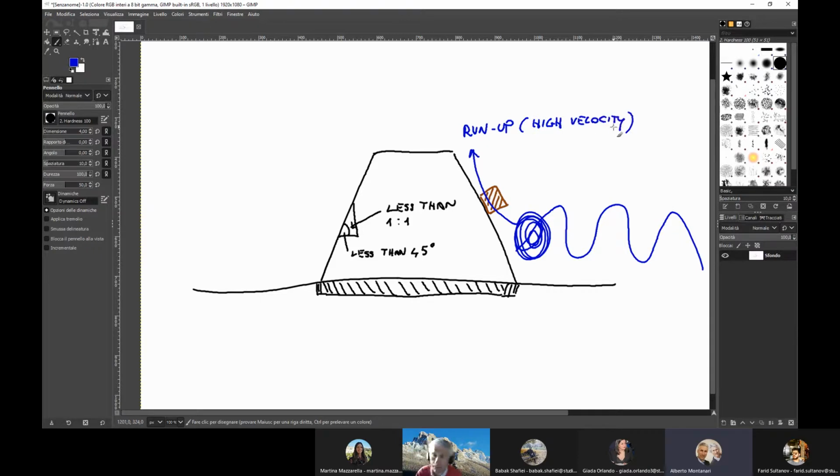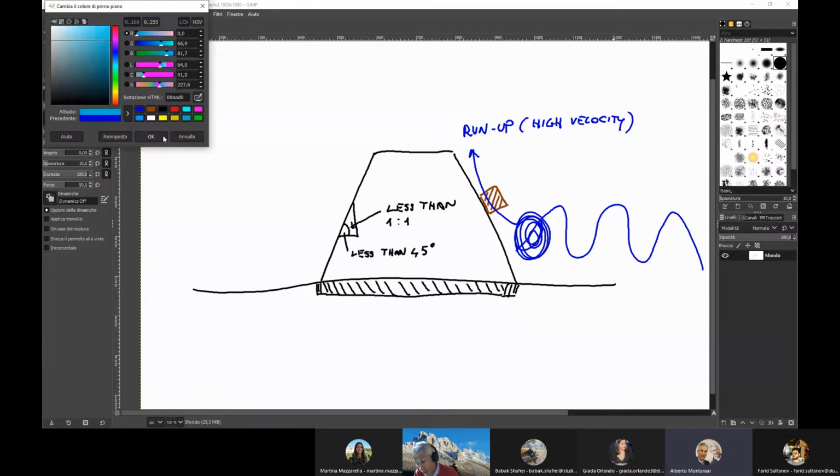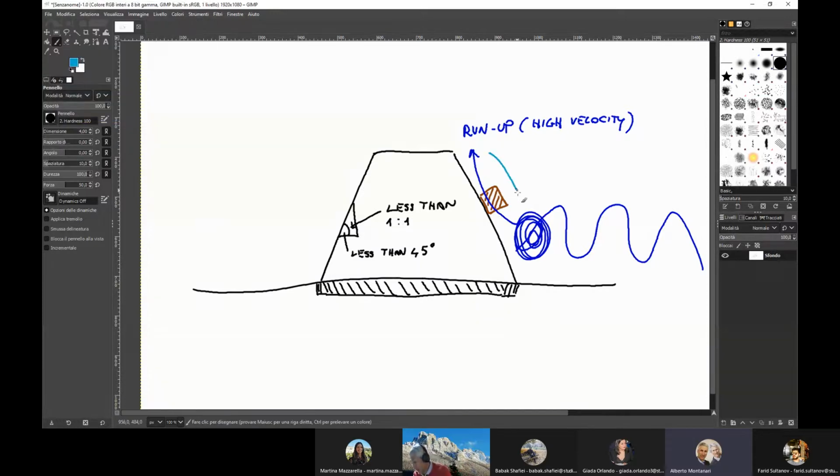The velocity of the run up can reach even 10 meters per second. It's really an important velocity. And then you have later on a run down, with reduced velocity.